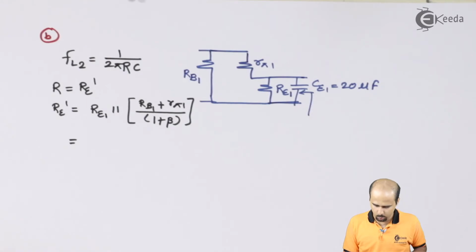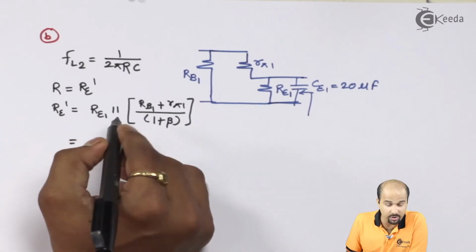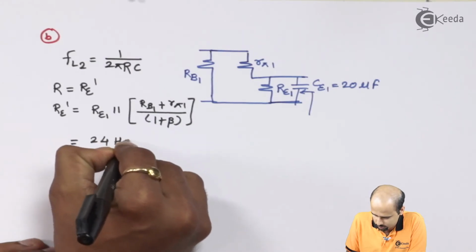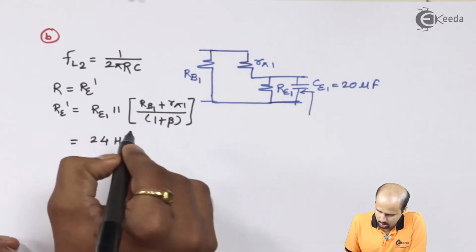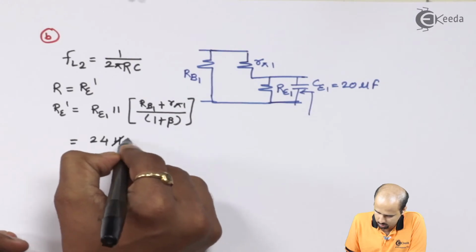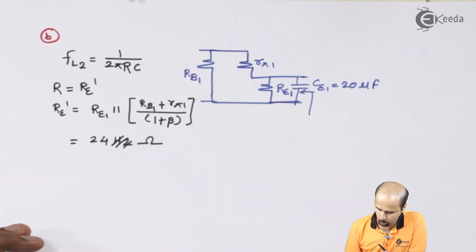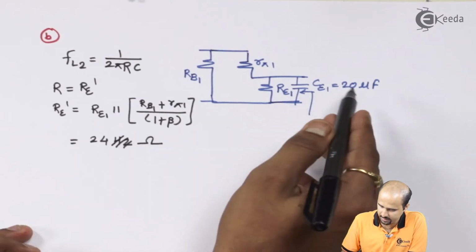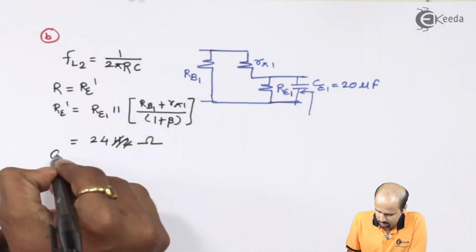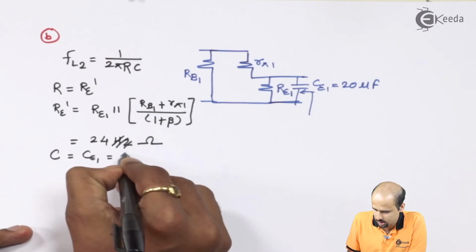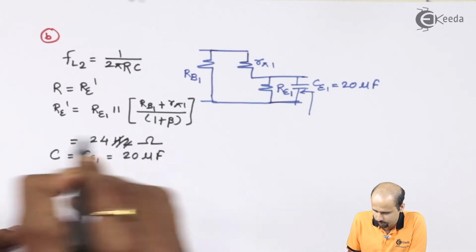This value comes out to be very small, around 24. Not hertz, it's 24 ohm. So 24 ohm multiplied by the value of CE1, that is 20 microfarad.